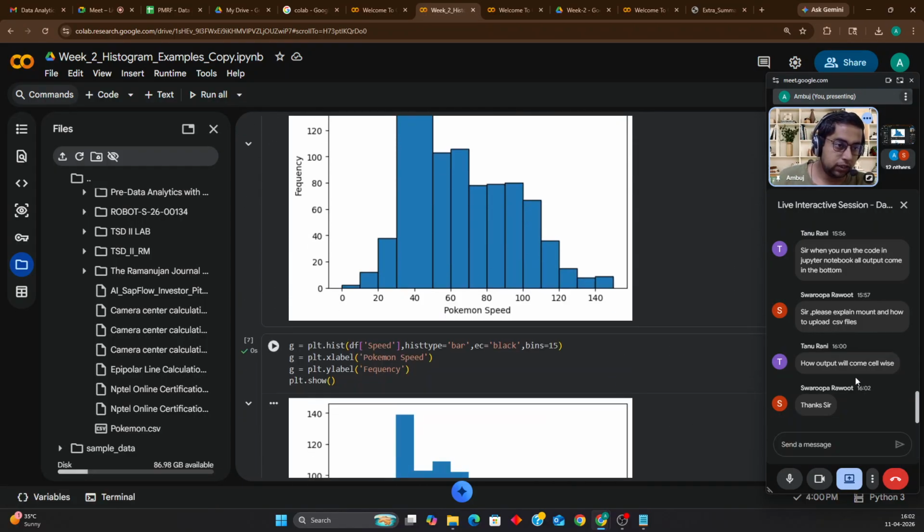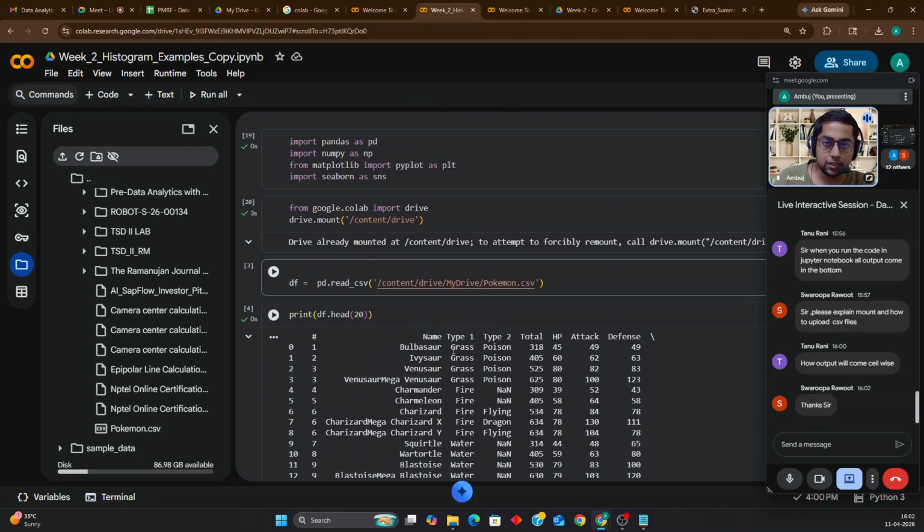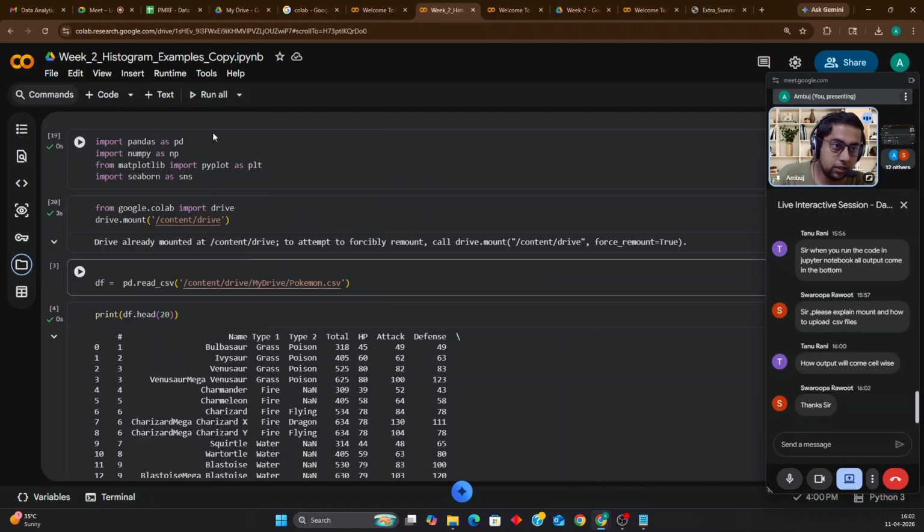How will the output come cell-wise? See, I am running cell-wise in Google Colab. In Jupyter Notebook, if you have installed Anaconda, you run Jupyter Notebook through that, and the same facility is there. You just have to provide the file name, which would be the address on your local PC, like C disk, then C slash something, desktop slash something.